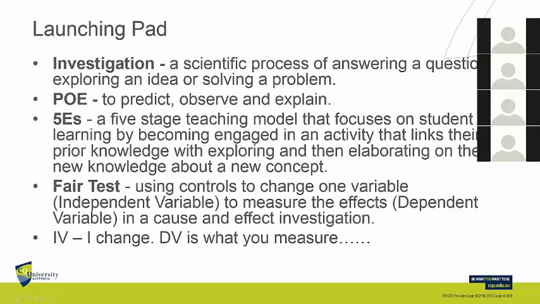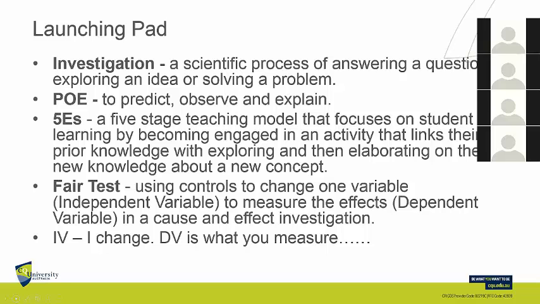So the launching pad this week is that we're all on the same page, essentially. Where do we need to be? We need to understand that investigation is about thinking scientifically, about problem solving, and that problem hopefully is embedded in a real-world context. Predict, observe and explain is one way to actually do science. The 5 E's is another way to do inquiry-based science.